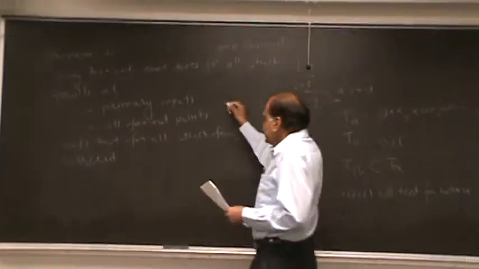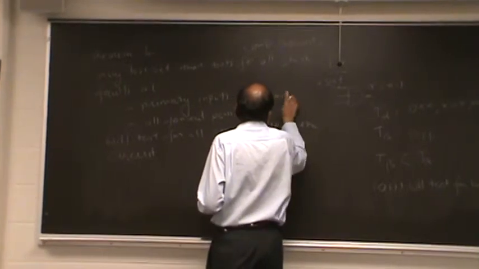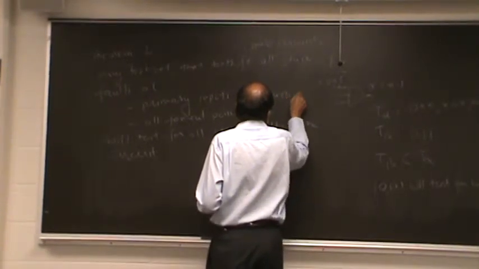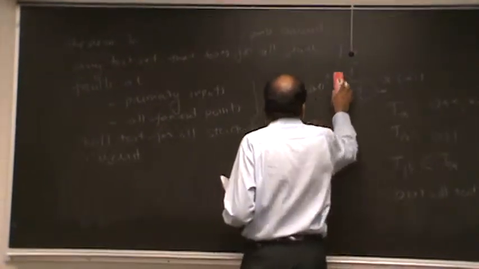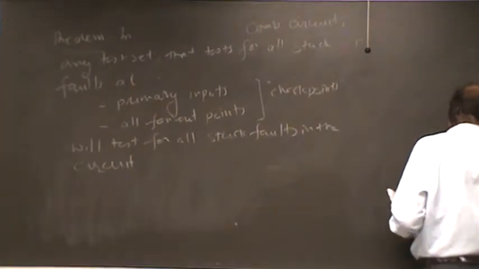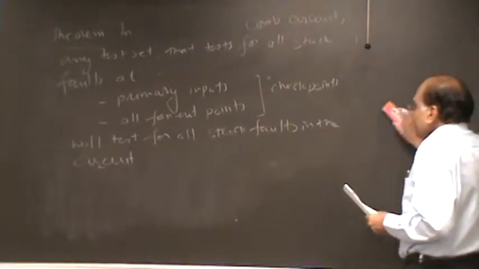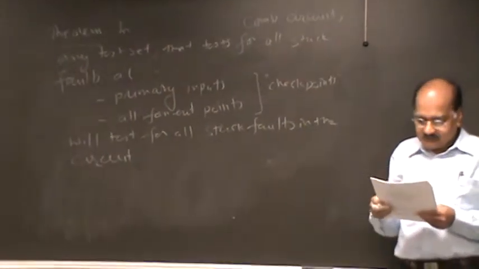So we can call these the checkpoints. So basically you test for faults at the checkpoints, and if you have done that, you have effectively tested for all the faults.